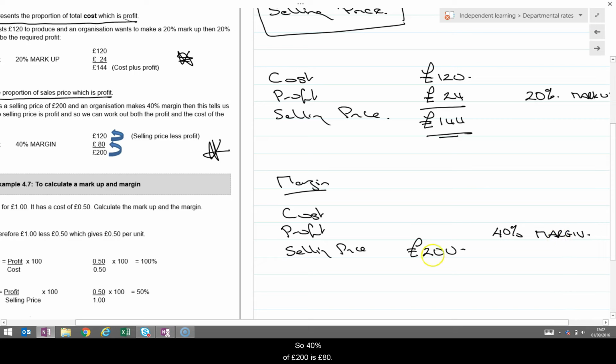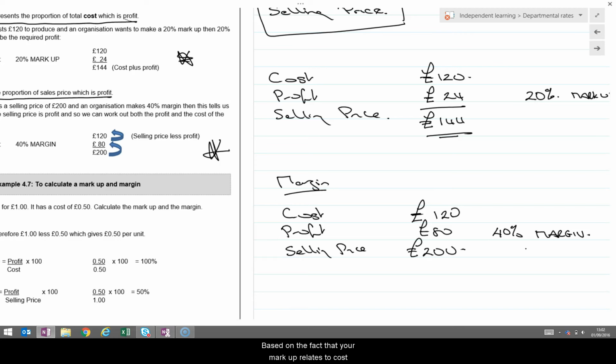So 40% of 200 is £80. So therefore, if we work backwards, we know we're selling it for 200. That includes an £80 profit. So take the profit away, and that tells us that the product cost us £120. Okay, so that's using the markup and the margin.